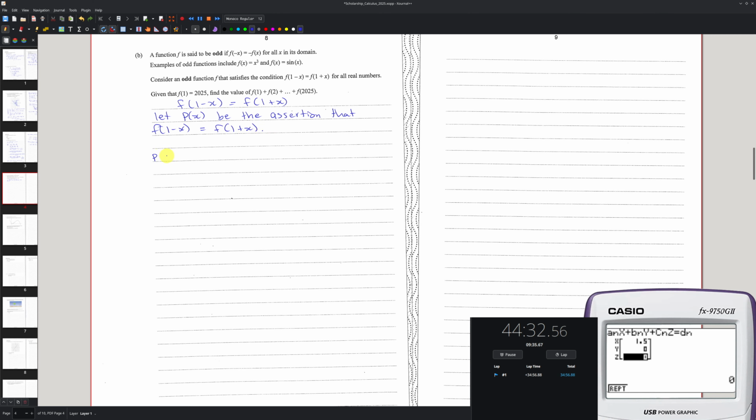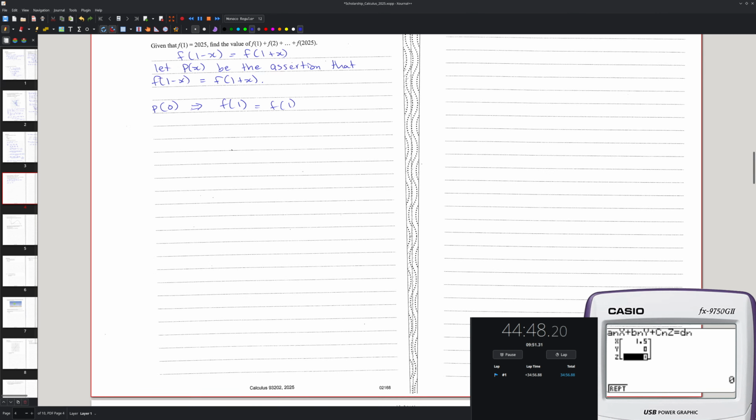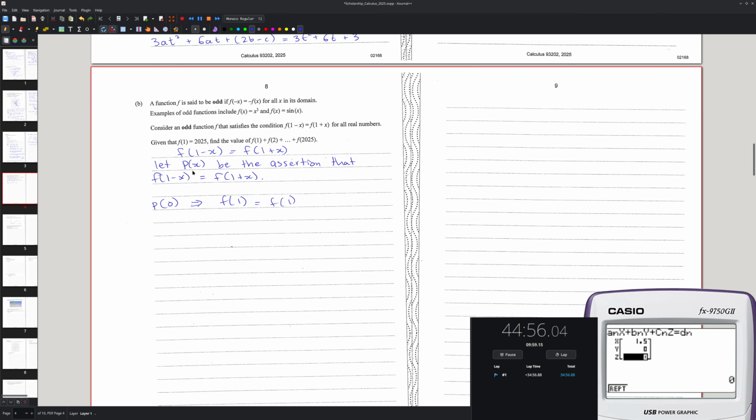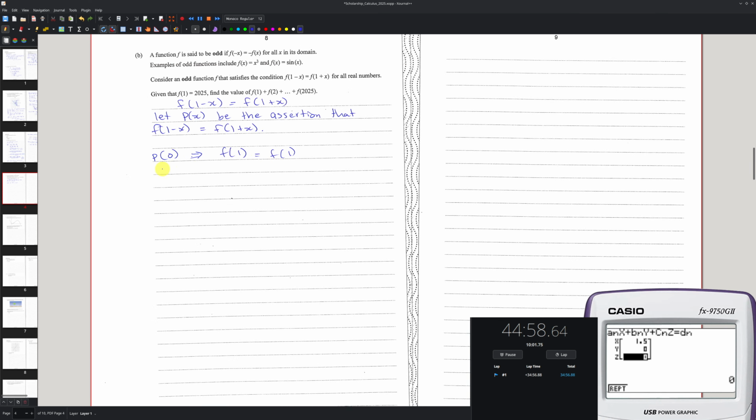Alright, so p of 0 implies that f of 1 equals... okay, that wasn't very useful. Okay, what are we doing? Okay, but if f is odd, so f of negative 1 equals f of 1 equals 2025, right?